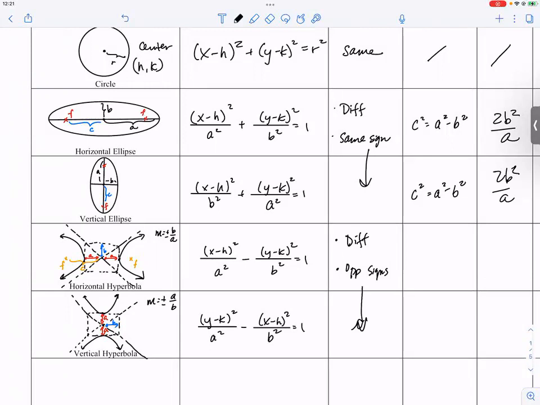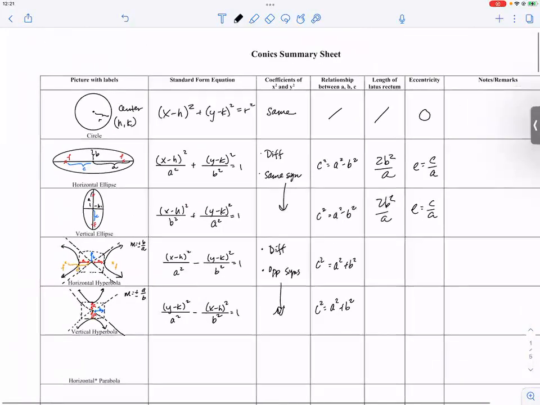And the relationship between A, B, and C is that C squared is equal to A squared plus B squared. Why is it a plus this time? Yeah, C is the longest. If you label a diagram, you know C is the longest. So it has to be A squared plus B squared to get something longer than A. All right, so latus rectum is still 2b squared over A. And eccentricity is still C over A.